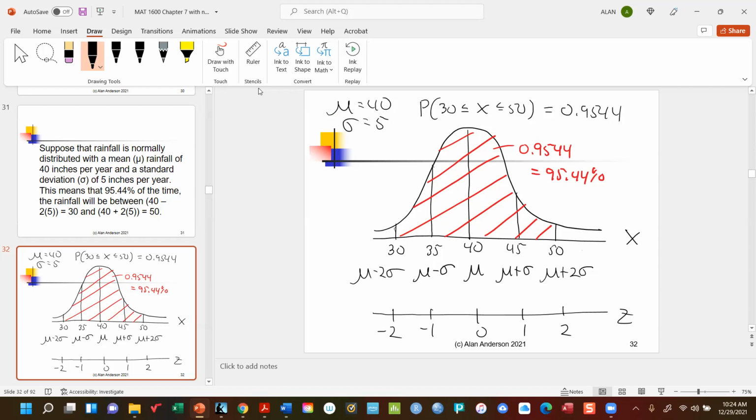So you see, even though the rainfall is not standard normal, it is normal but not standard normal, we can still use the information we have about the standard normal to figure out our probabilities, because what we're basically doing is reducing each of these numbers to a given number of standard deviations above or below the mean.